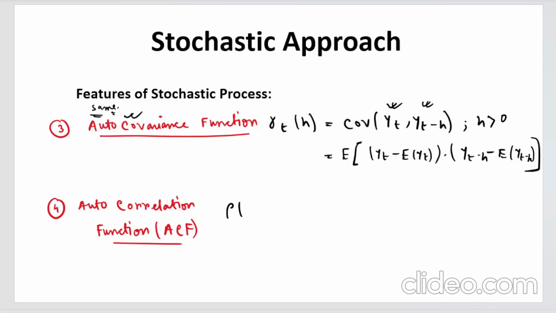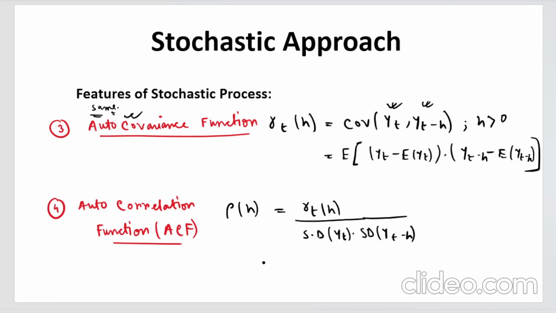It is written as rho h, or rho t,h also, but we usually write it simply as rho h. What is rho h? It is simply gamma h upon SD, the standard deviation of yt, into the standard deviation of the lag value that you are talking about.